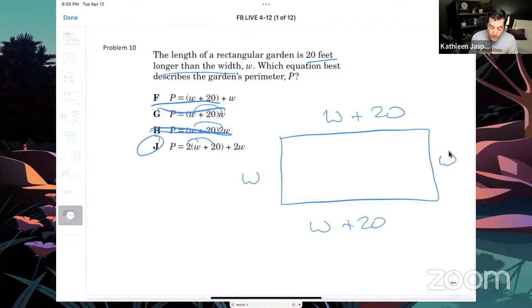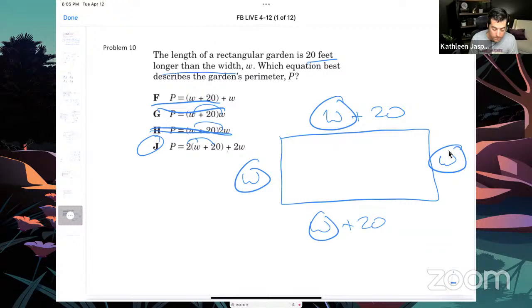So then all I have to do is combine like terms. How many W's do you see? I've got one here, right? This is just W plus 20. They're not connected. I can separate them because it's not like 20 times W or 20 divided by 2. It's just W plus 20. I have one here, I have 2 here, 3 here, and 4 here.